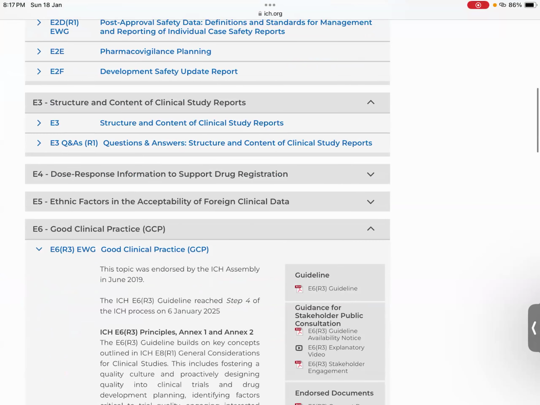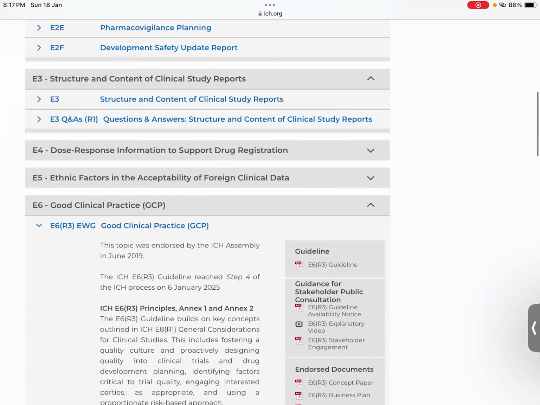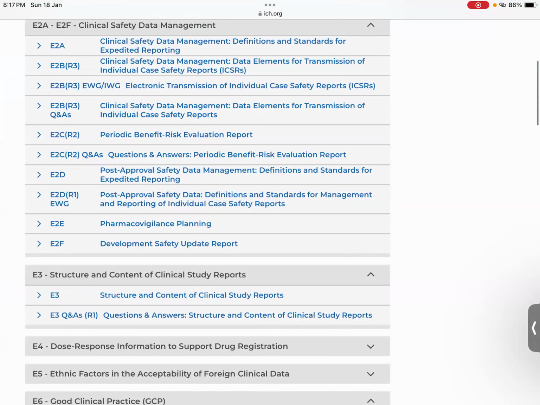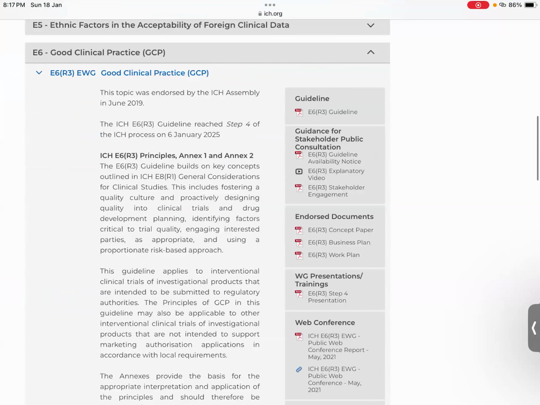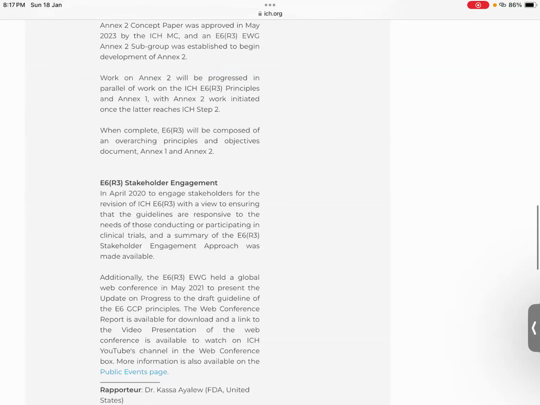There are other guidelines also, but these are three important ones: E2A to E2F, E3, E6. Sometimes people may ask you not what is GCP, but what is the E6 guideline. Then you should know that it is the same as GCP.